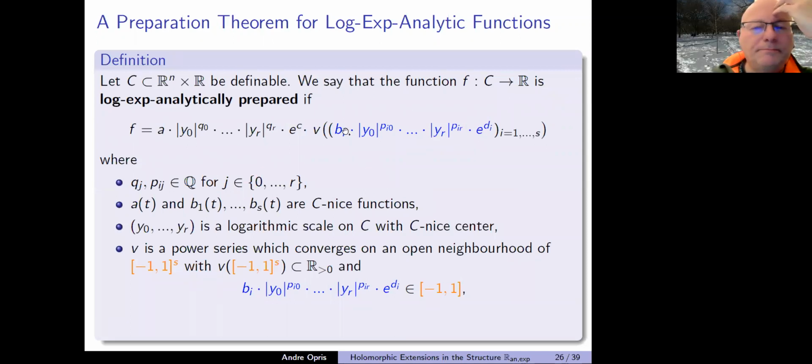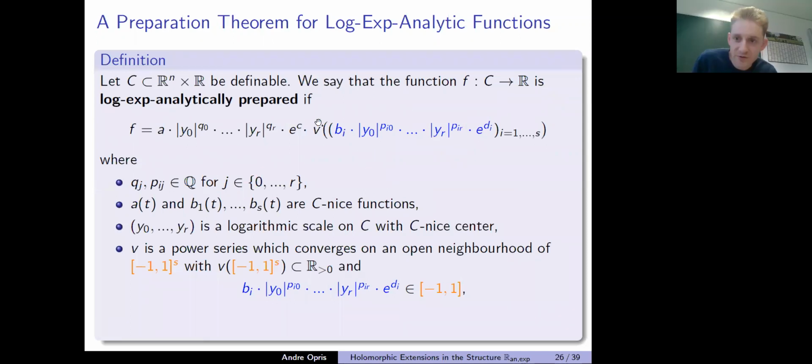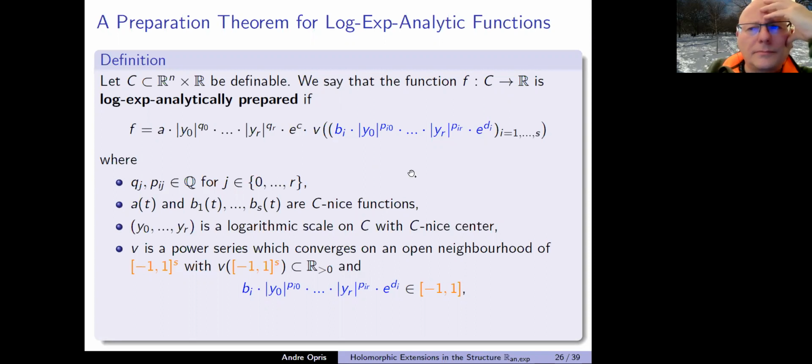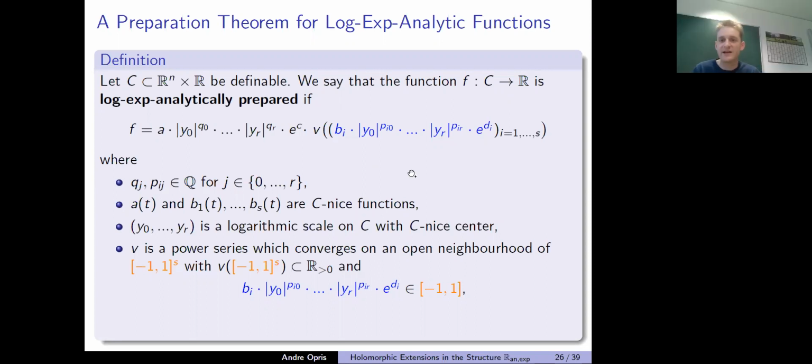Of course, you can compute the holomorphic extension of this V here. So this is a complex power series, no problem. And then you have to compute the extension of these components in this way that you come into this polydisk of this holomorphic extension which defines the complex power series V. And in order to enable this, in the globally subanalytic case, you get an annulus, but here this is much more complicated since you have here also functions.